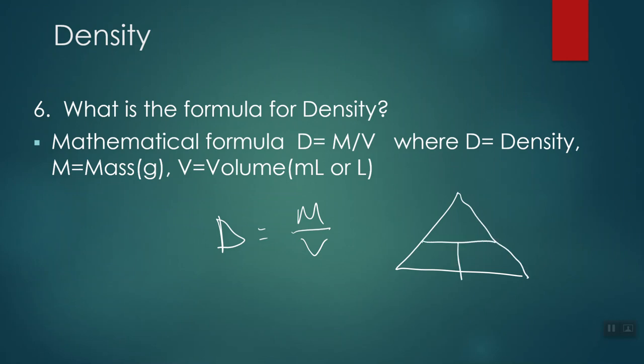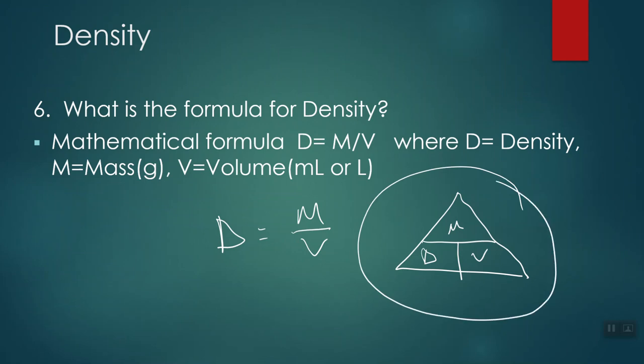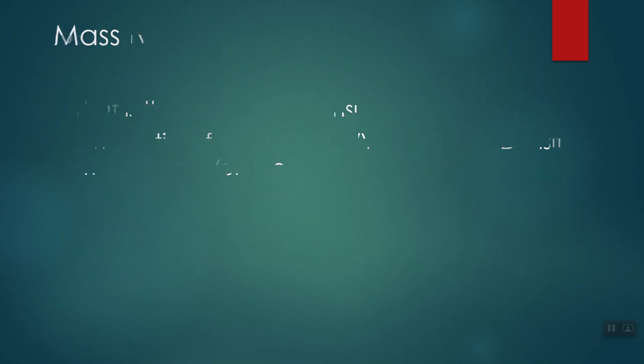So, D, M over V. And the way you can remember this is that mountains are over deserts and valleys. If, when you do these questions, you can always recreate that chart on your paper, you too can solve these problems. They're not that hard.